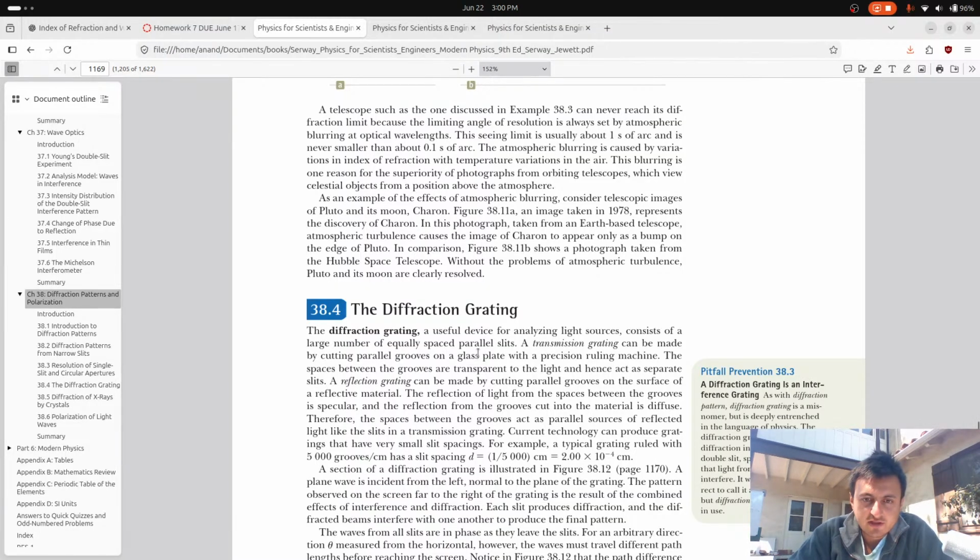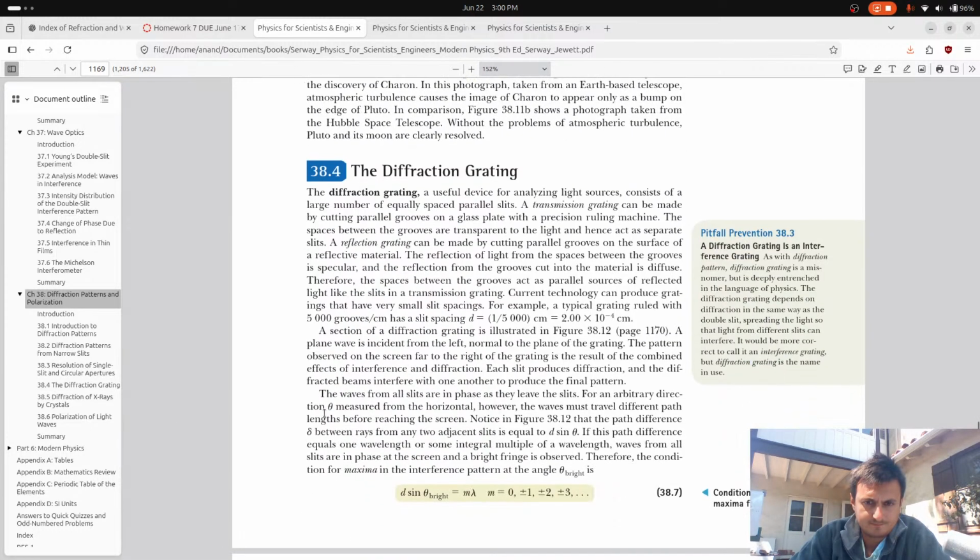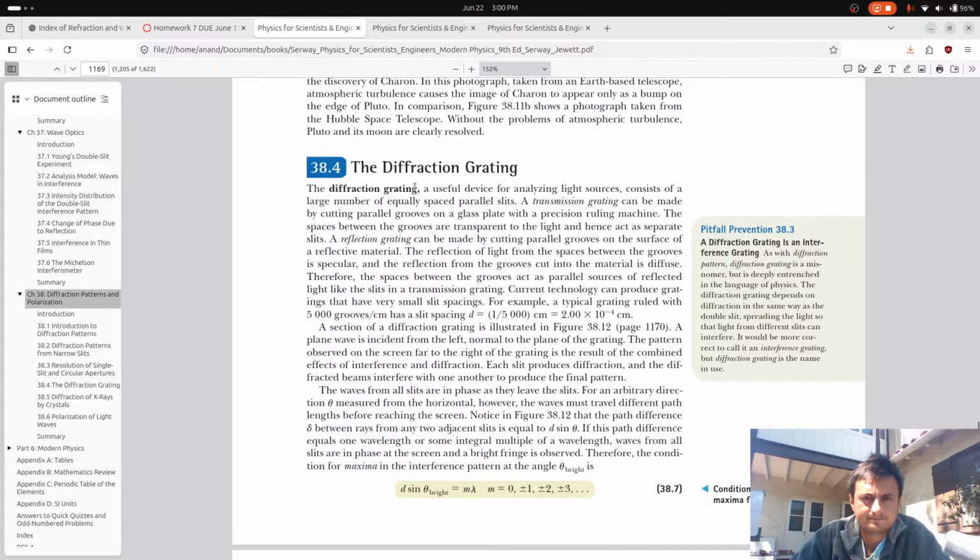The diffraction grating, a useful device for analyzing light sources, consists of a large number of equally spaced parallel slits.